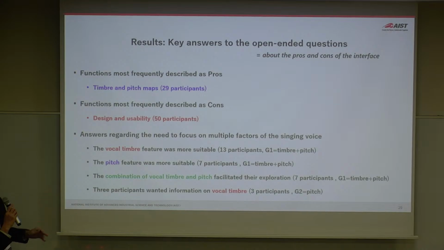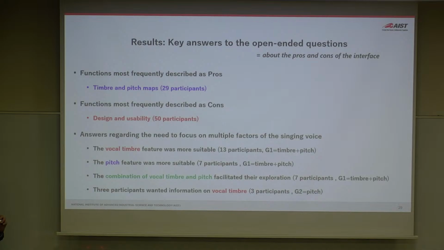Here are key answers to the open-ended questions about the pros and cons of our interfaces. The functions most frequently described as pros were the timbre and pitch maps. And the function most frequently described as a con was design and usability.